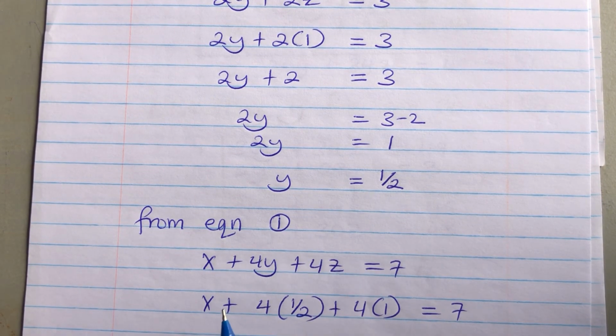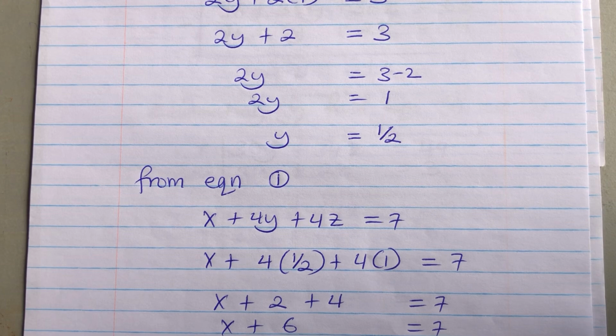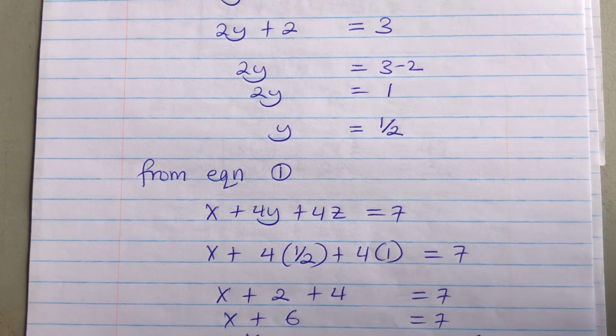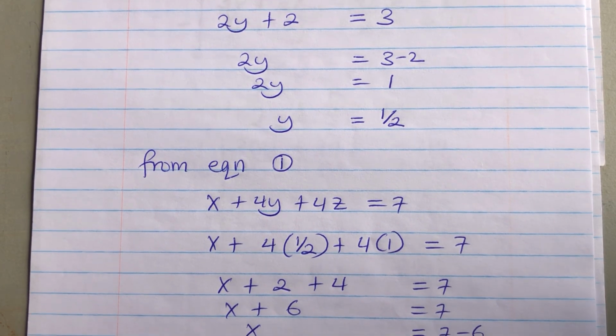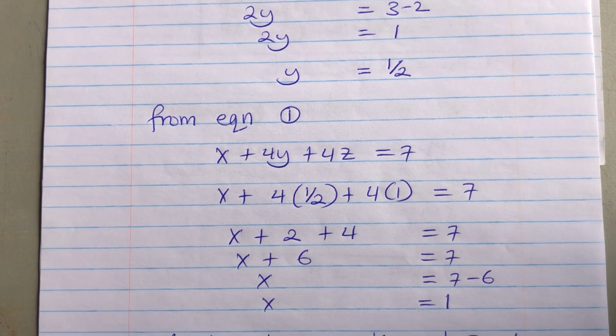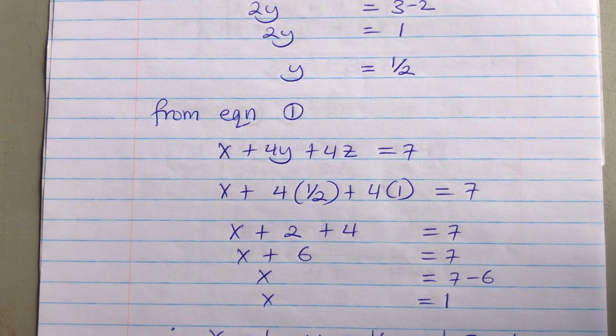Now that we have the value of z and y, we also need to look at how to get the value of x. So we shall now go back to the 3 equations that we had initially in the question. We pick one of the 3 and substitute for y and z in order to get x.